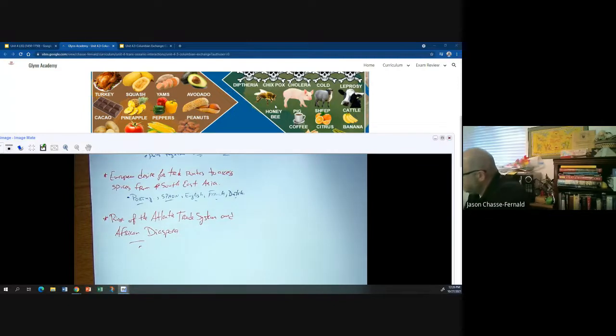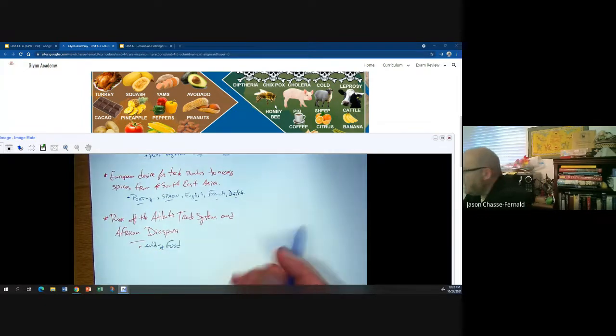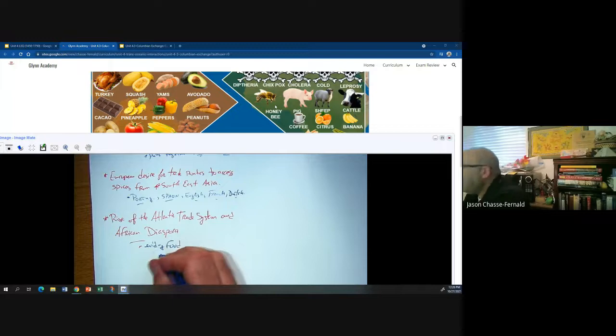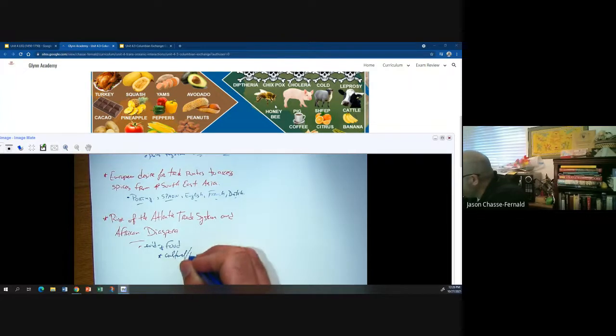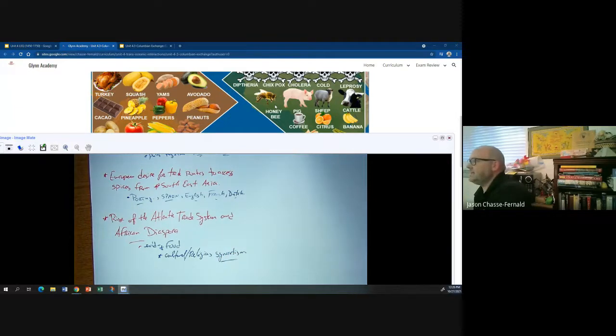So evidence here, food: food will be brought, okra, rice, and the such. But also, and this is what we will talk about tomorrow, cultural, specifically religious, syncretism will take place as a result of that.